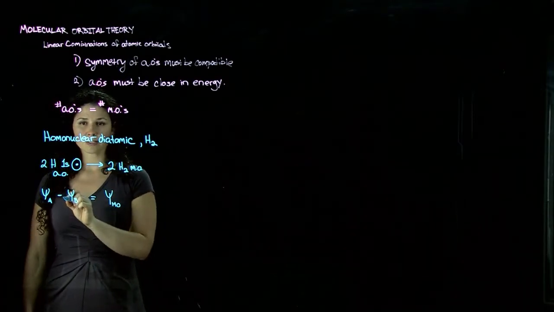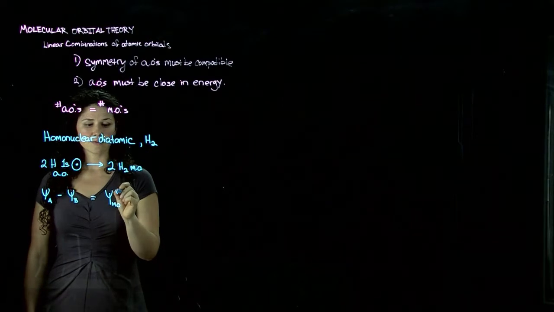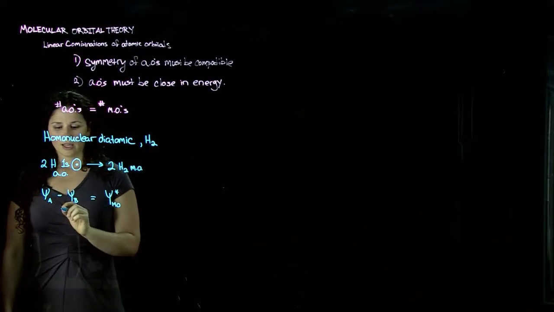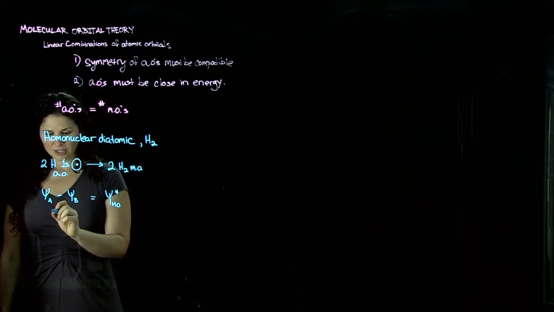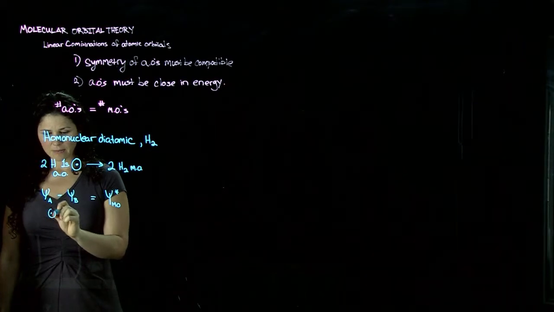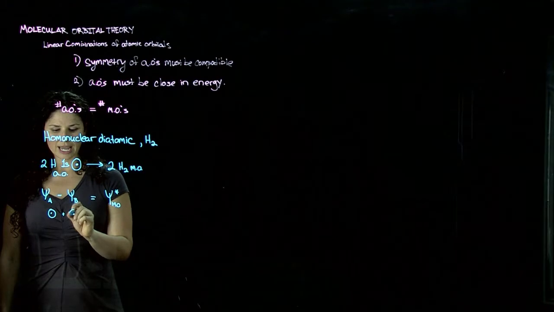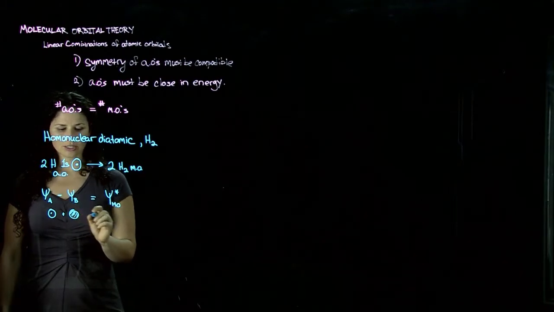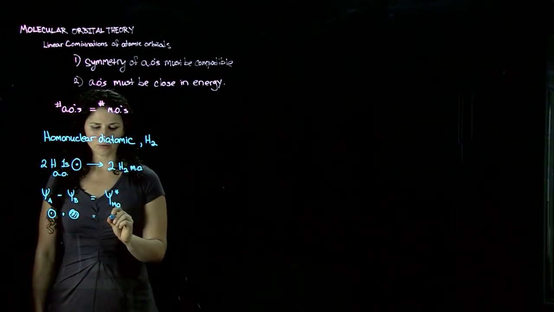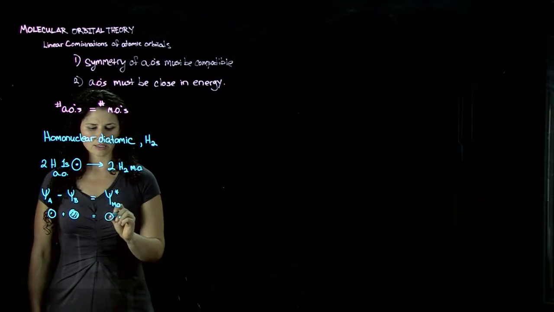And in this case, because I'm subtracting, it gives me the antibonding orbital. In a qualitative sense, you've probably seen this as taking the positive wave function and adding it to the negative wave function to give you an antibonding molecular orbital that looks like this.